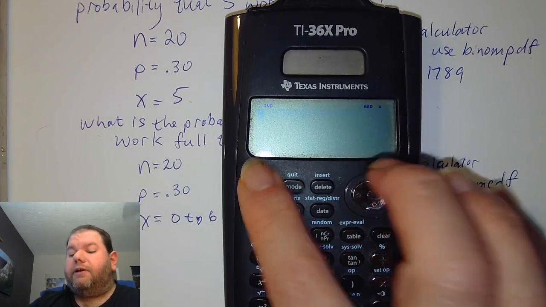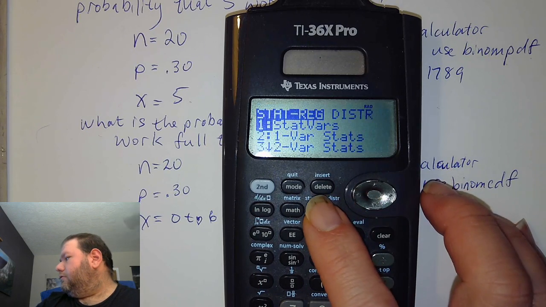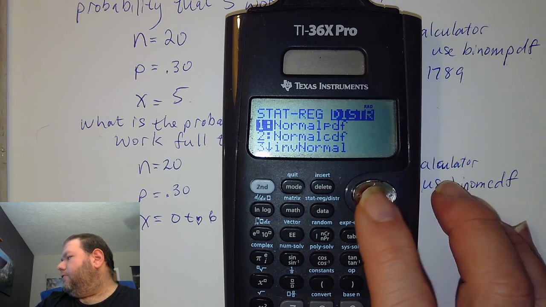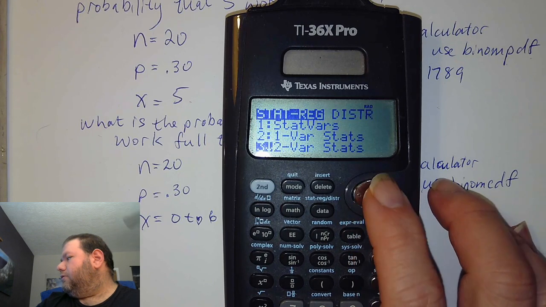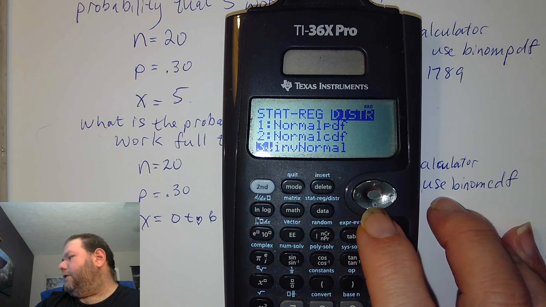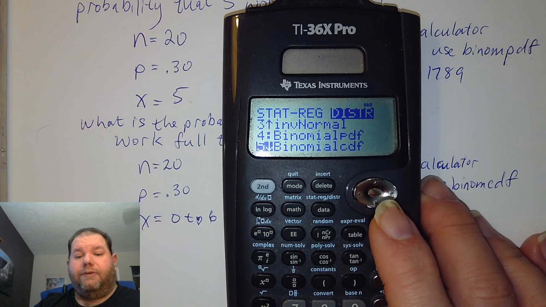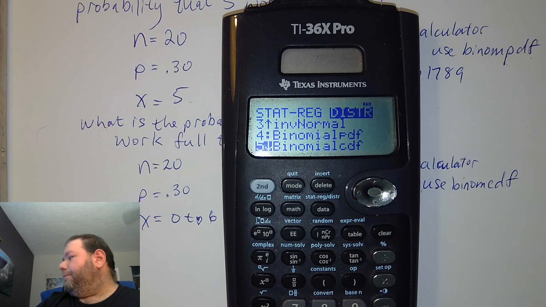So we'll go to second, data, go to distribution, make sure you don't click left by mistake. Now, right under Binomial Pdf, we'll find Binomial Cdf. So anytime we have multiple values, like we have 0 through 6, we'll choose CDF.